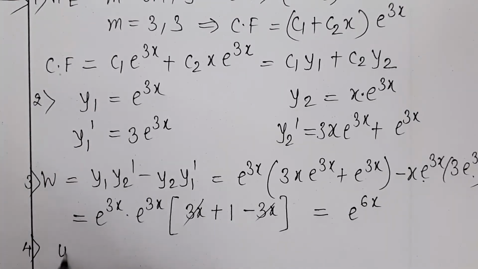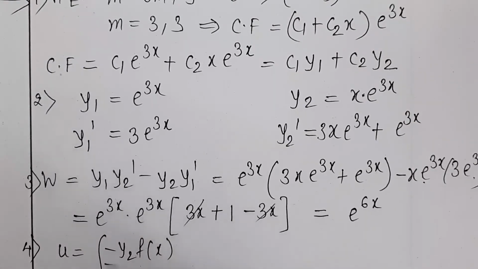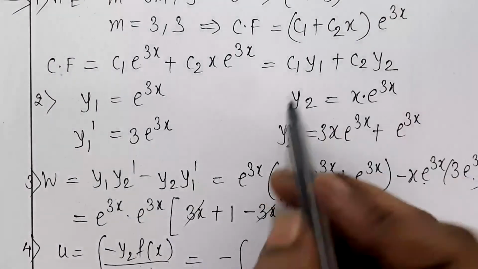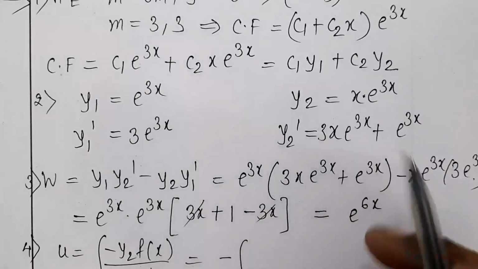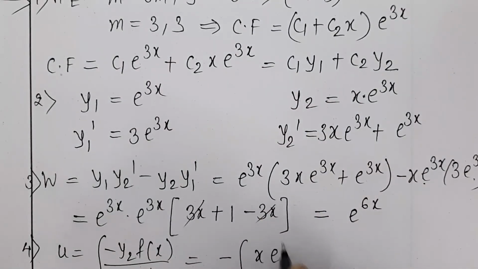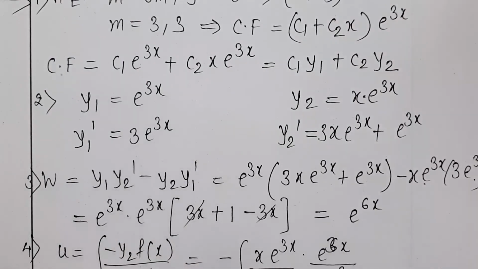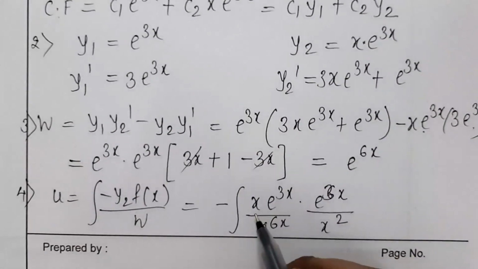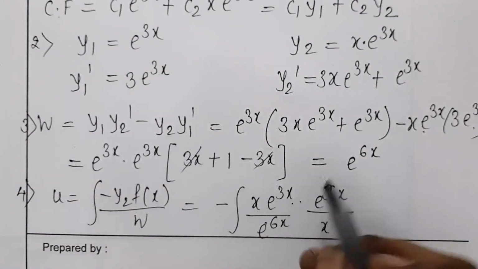So for this, u is equal to integration of minus y2 into f of x divided by W. So minus of integration of the y2 value, what is y2? x into e to the power 3x, multiplied by f of x, which is e to the power 3x divided by x square, and divided by e to the power 6x. See here, x into e to the power 3x is our y2.